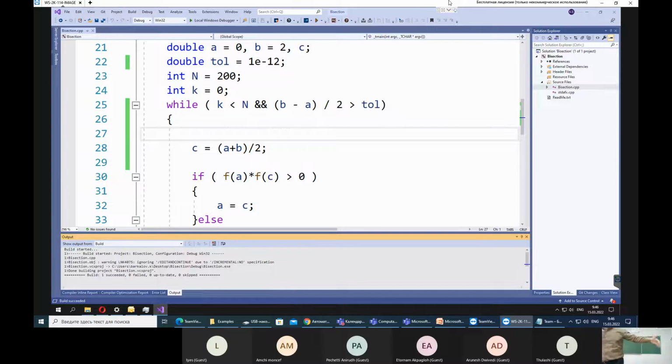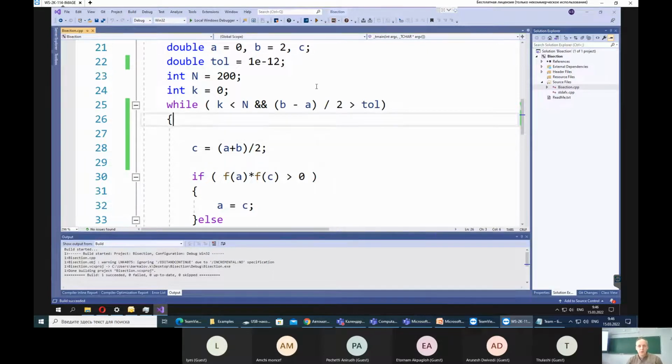If the interval is large, then the method continues. What happens if we take a very large tolerance? For example, 10 power minus 1, 0.1. It's just a few iterations and the method stops.